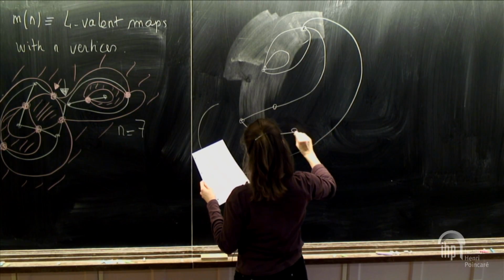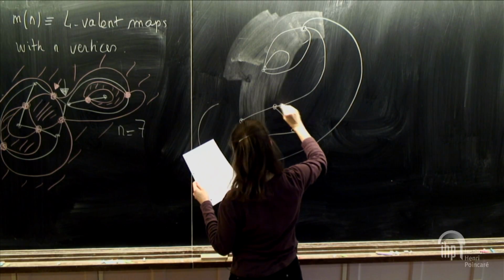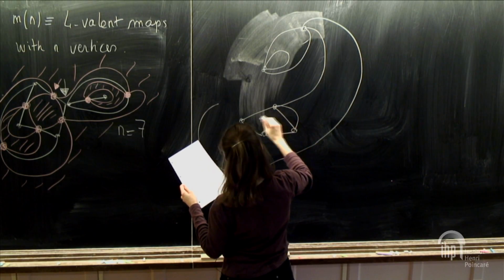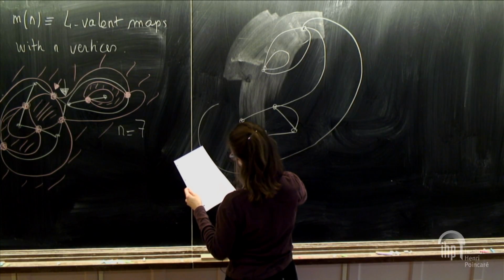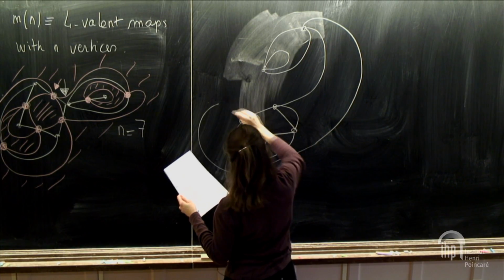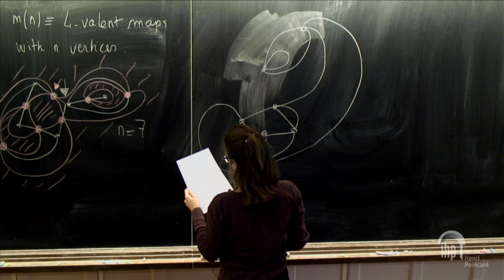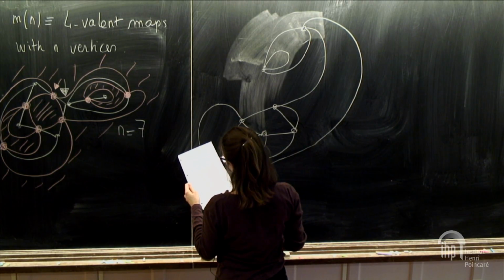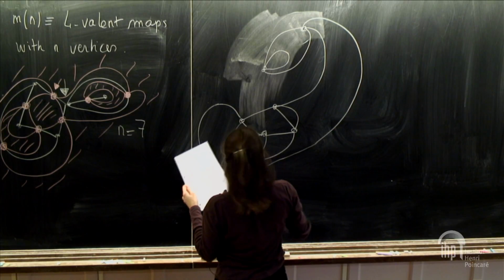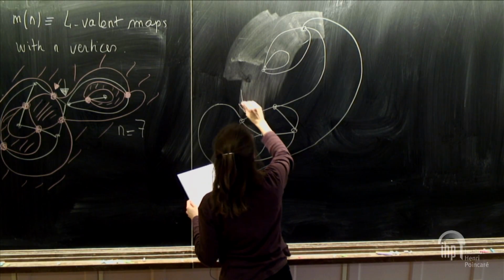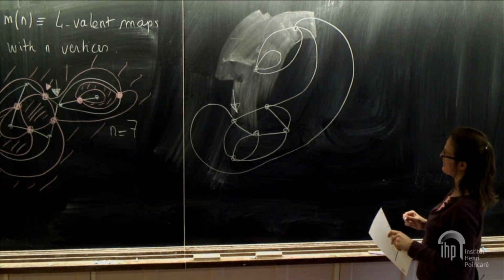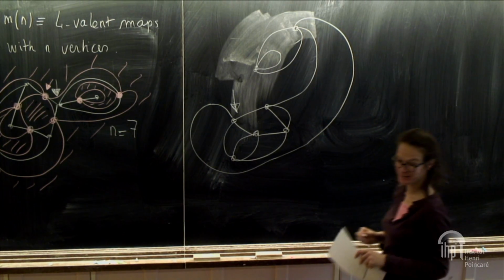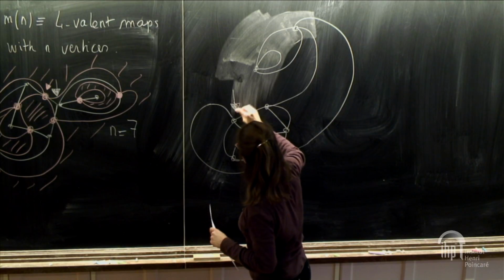Here I have this little square with a duplicated edge. And where did I have my root? Somewhere here. Is this 4-valent by any chance? Okay, so let's say this is my example.